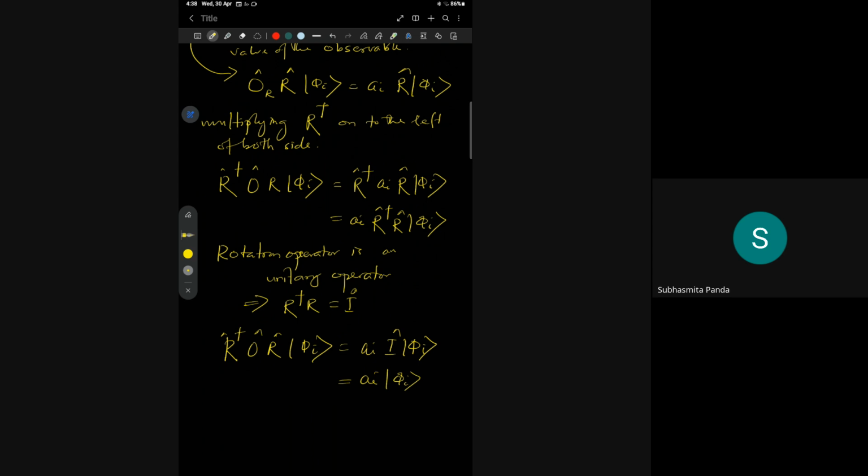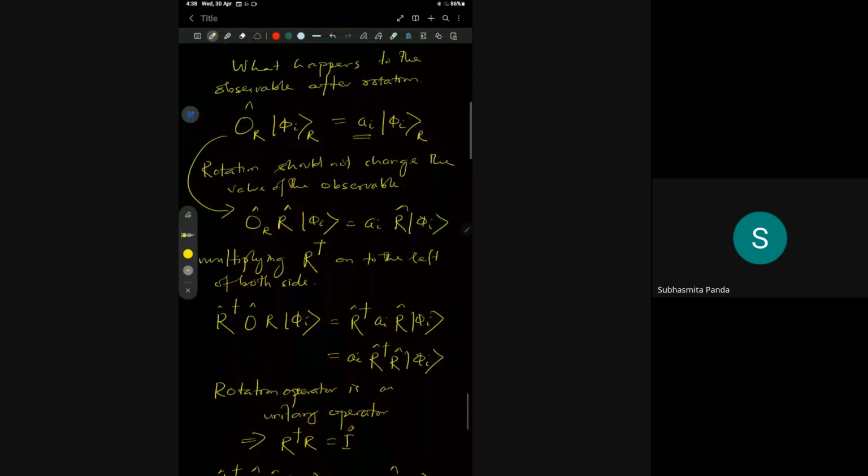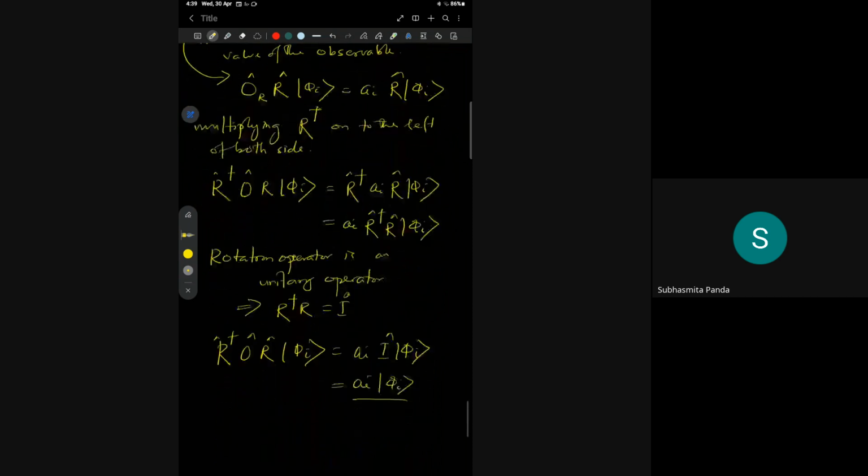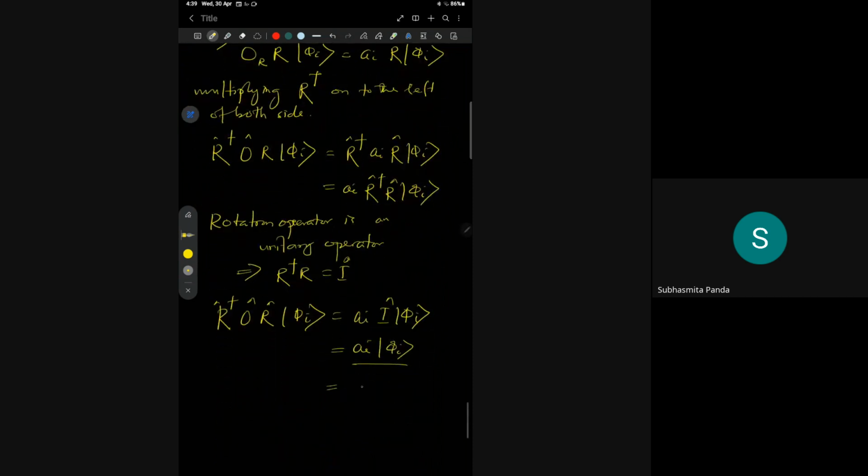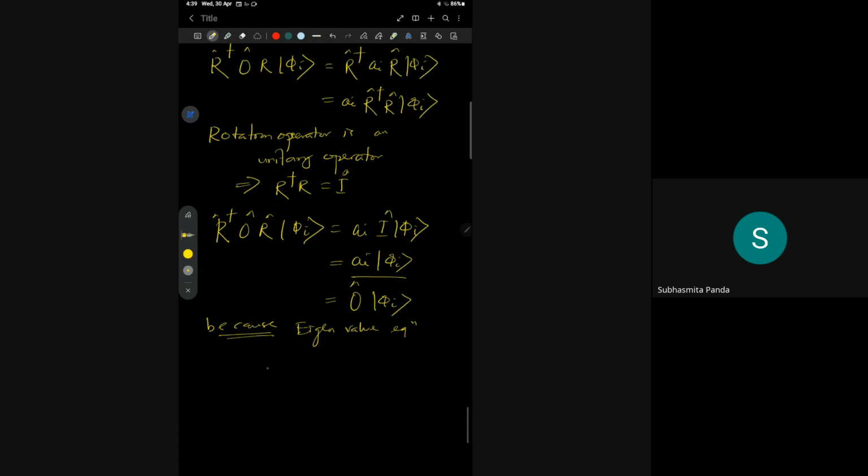So what does this mean? This right hand side is the same as our initial equation. This can be written as O operating on phi I, because the eigenvalue equation we have is O phi I is equal to A I phi I. This is where we started.